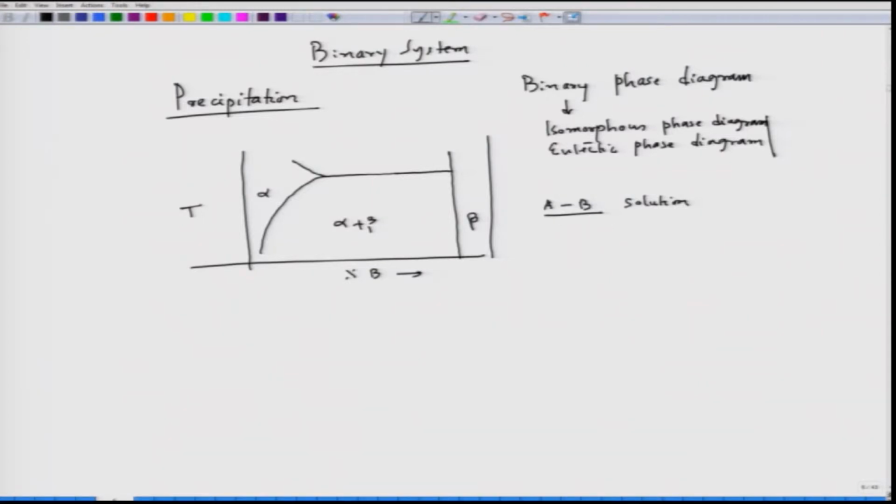When we considered this particular phase diagram, we tried to treat it from the point of view of nucleation rate as well as growth rate.